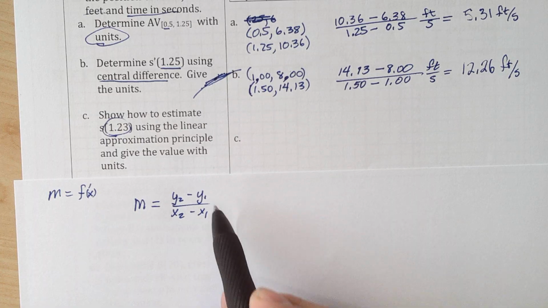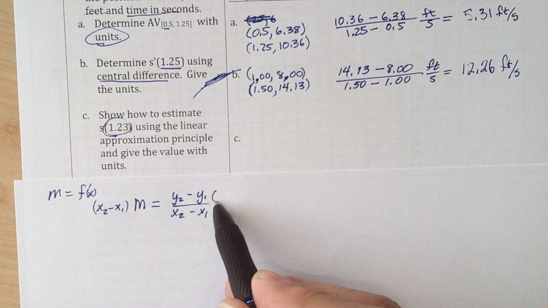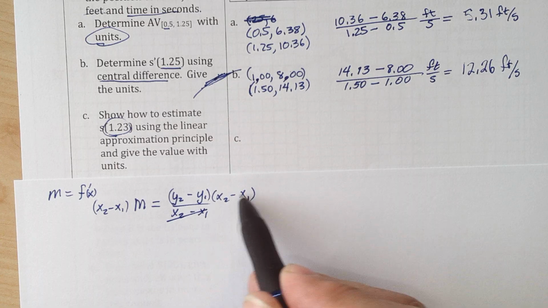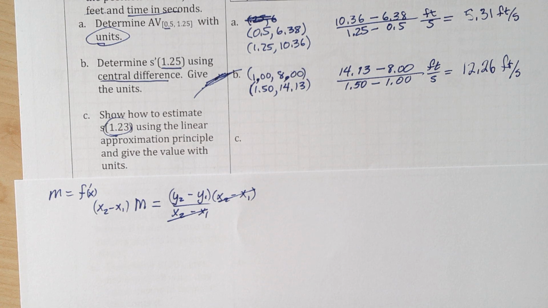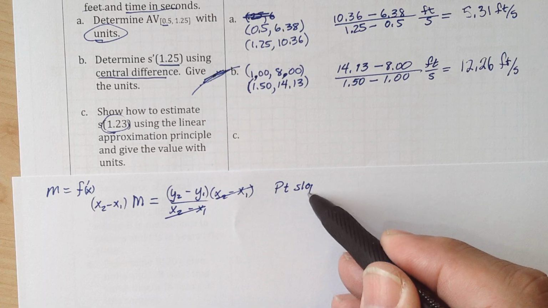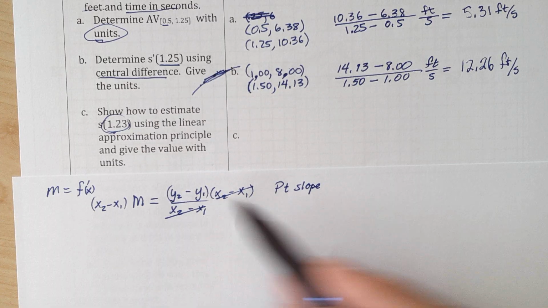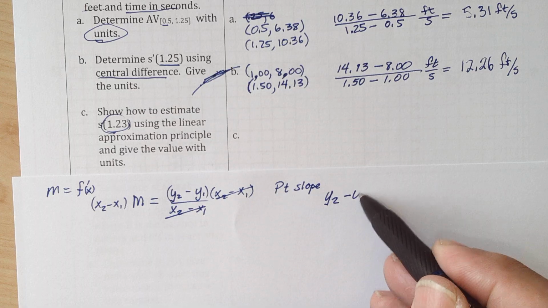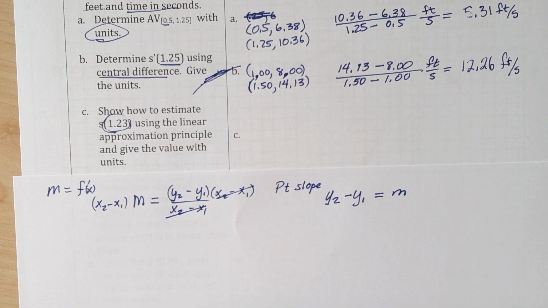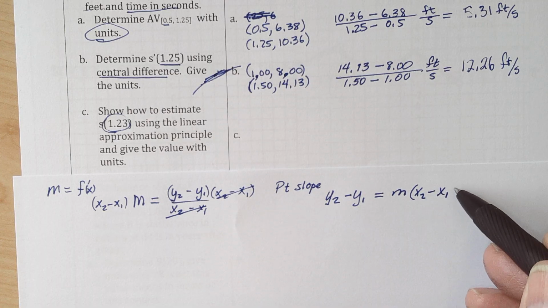If I multiply both sides of this by the denominator, those cancel, and I get what's called the point slope form of the equation of the line. It's y2 minus y1 equals m, or f prime, the slope, times x2 minus x1.